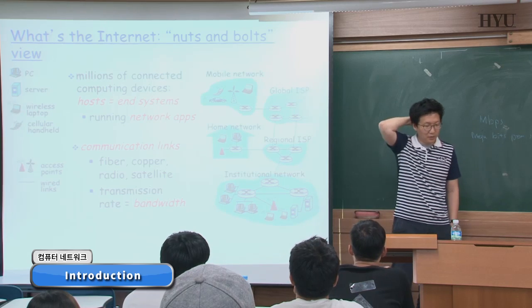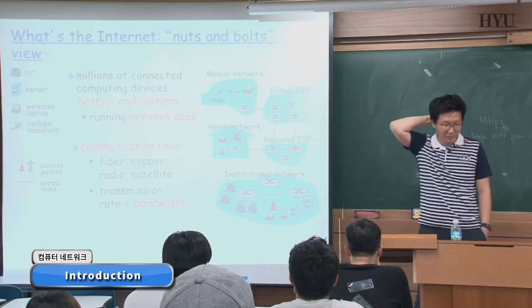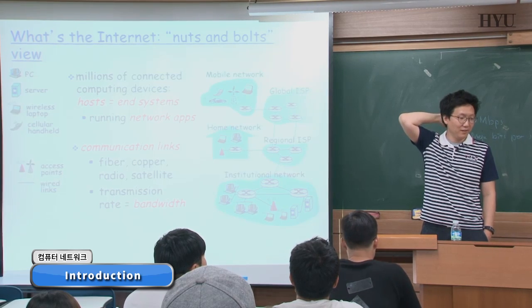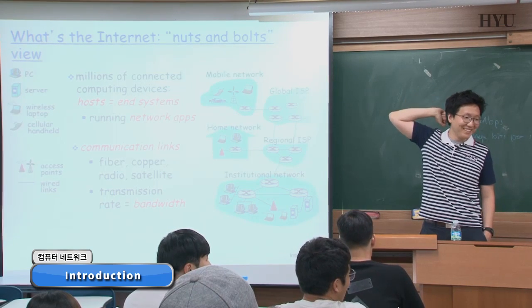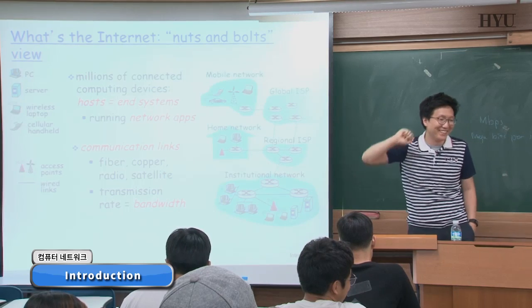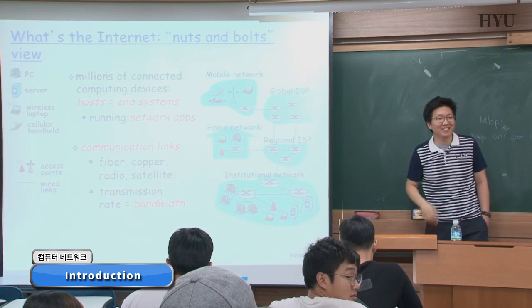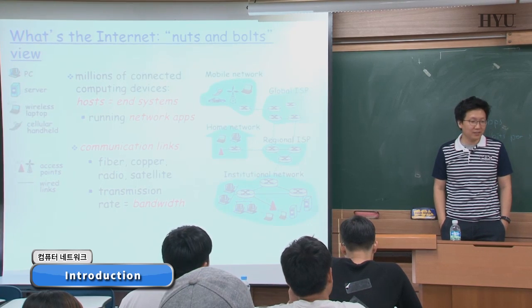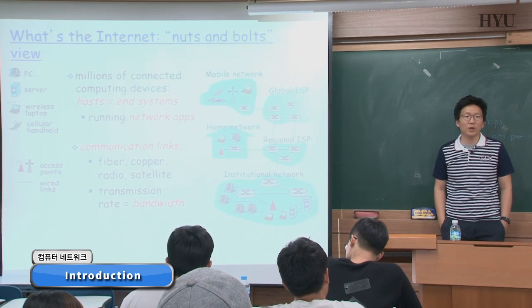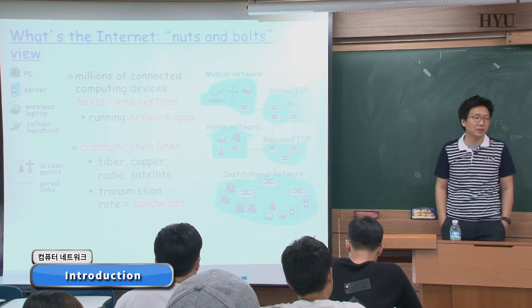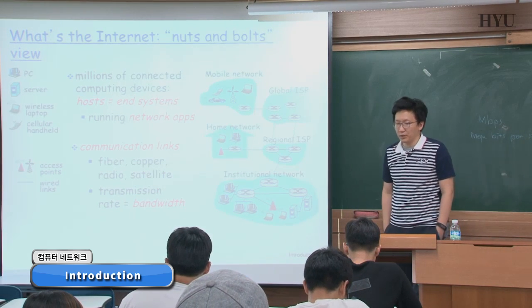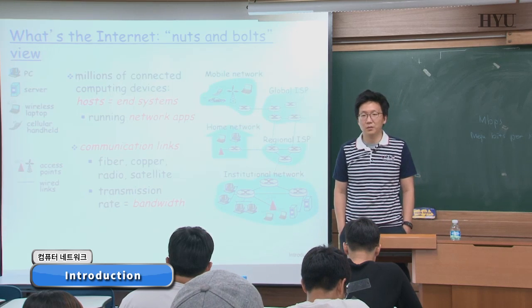Global ISP, does anybody know the name of any global ISPs? What is this? You raise your hand or? AT&T is probably the biggest one. In the Asian area, I don't know, Hong Kong has PCCW. Those are global ISPs. I don't know, NTT should be considered a global ISP.